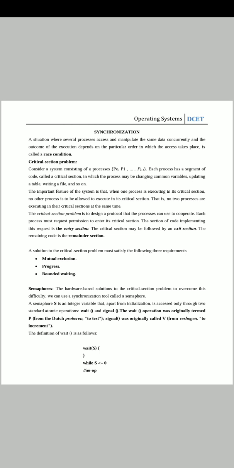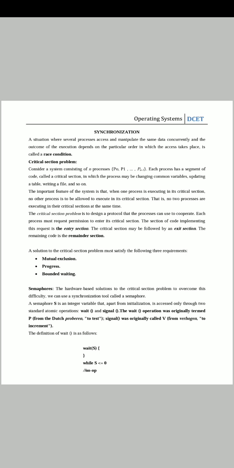Each process must request permission to enter its critical section. This is very important. Suppose any process tries to execute some important code, that process has to take permission from the operating system. If the operating system has given permission, then that process is allowed to enter its critical section.